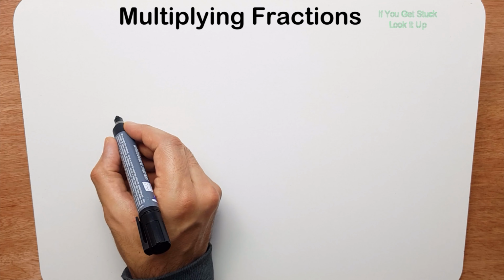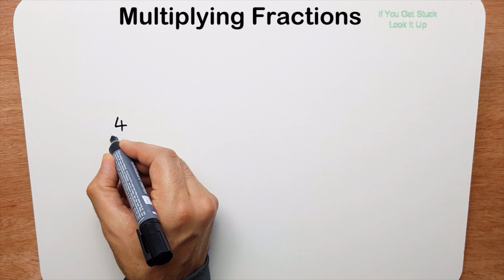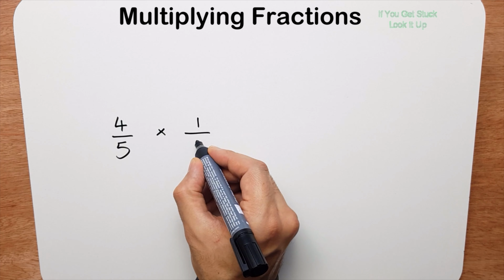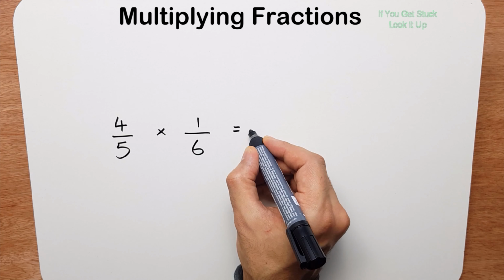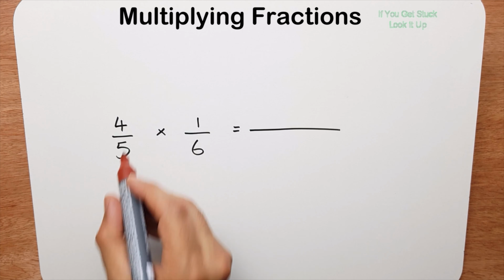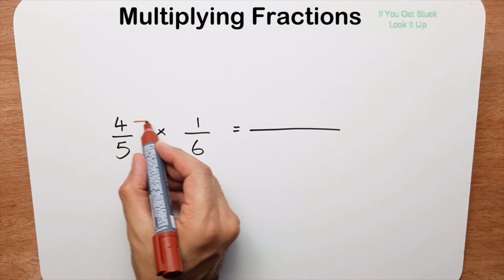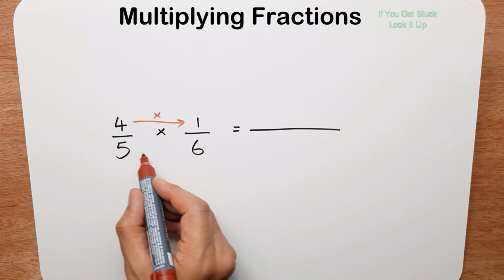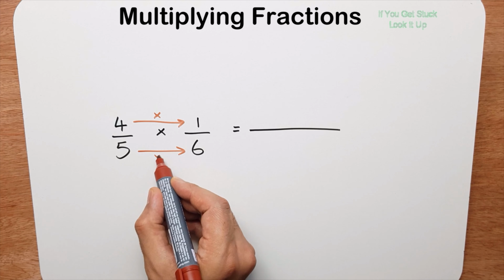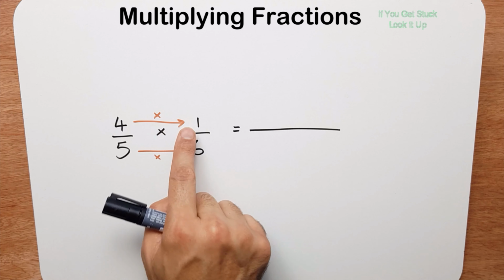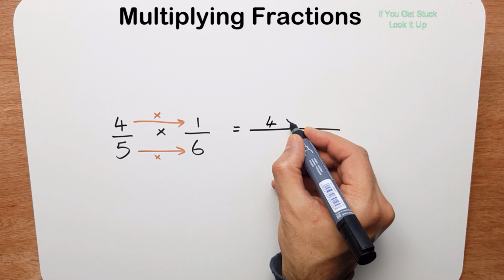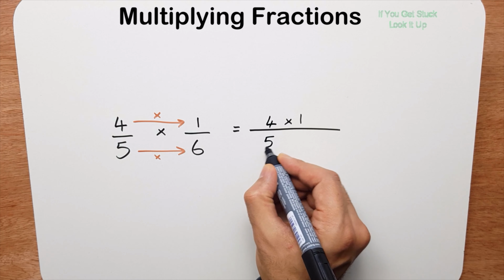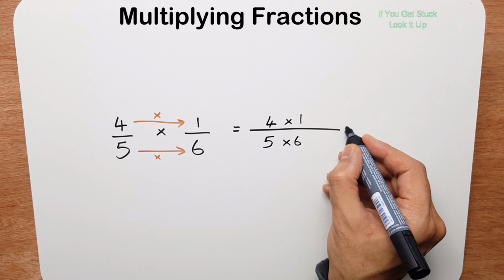Now I'm going to do one more question. 4/5 times 1/6. There's my fraction line. Multiply straight across, so the top numbers you multiply and the bottom numbers you multiply. 4 times 1, 5 times 6.